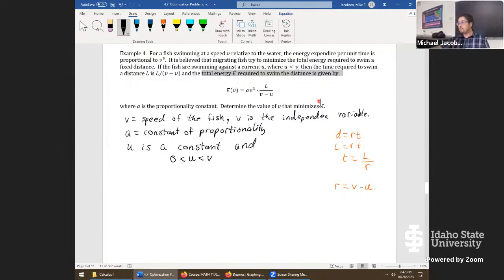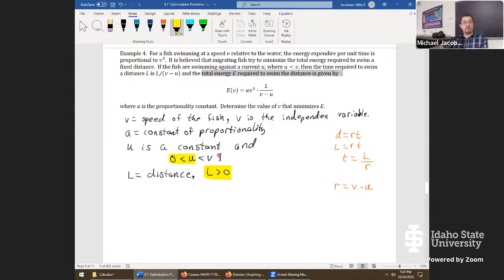And now looking at our constants, it's going to be A, U, and also L, the distance the fish swam. L is equal to distance. Because we said L is a distance, we can also say L is bigger than 0 as a constant. So that constant is positive. The constant U is also positive.